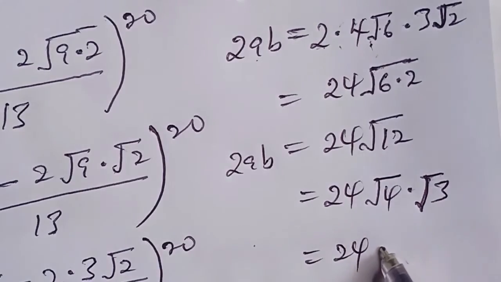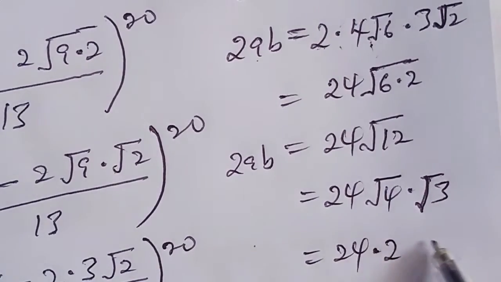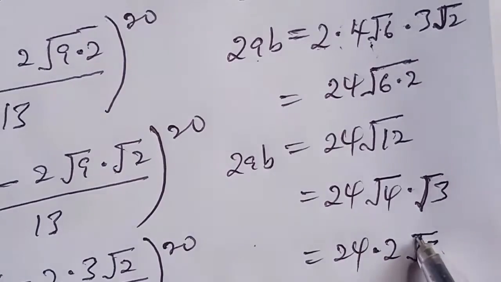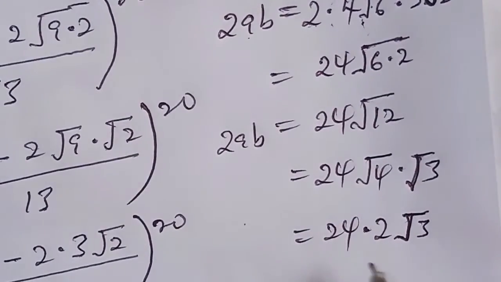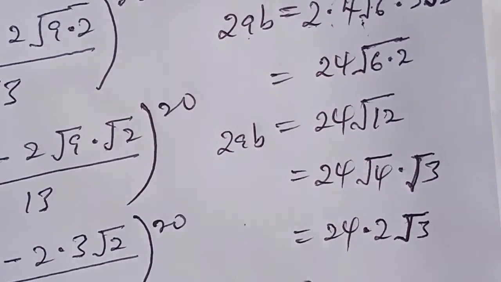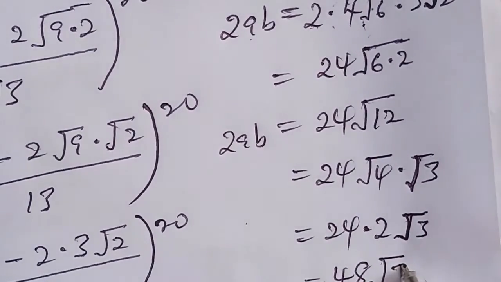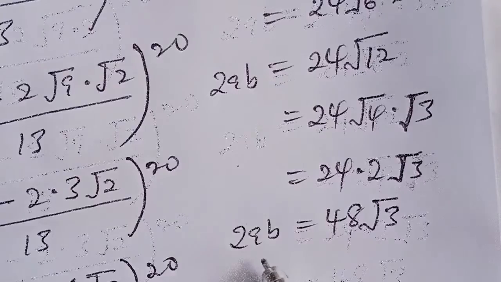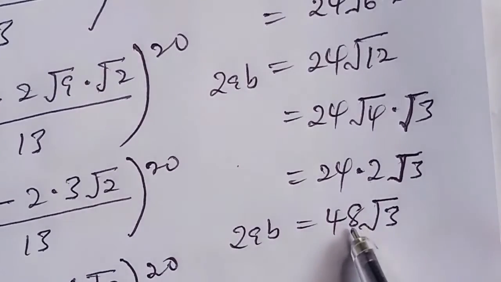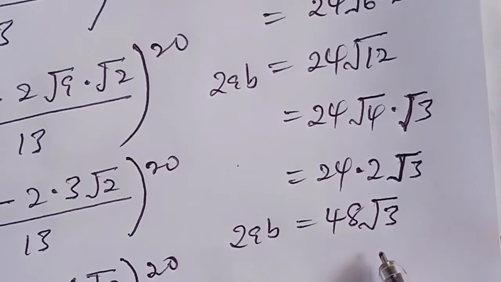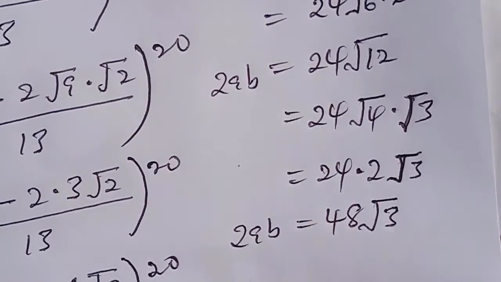Square root of 4 will be equal to 2, then square root of 3. 2 multiplied by 24 will give us 48, and that will be square root of 3. So 2ab is now equal to 48 square root of 3.